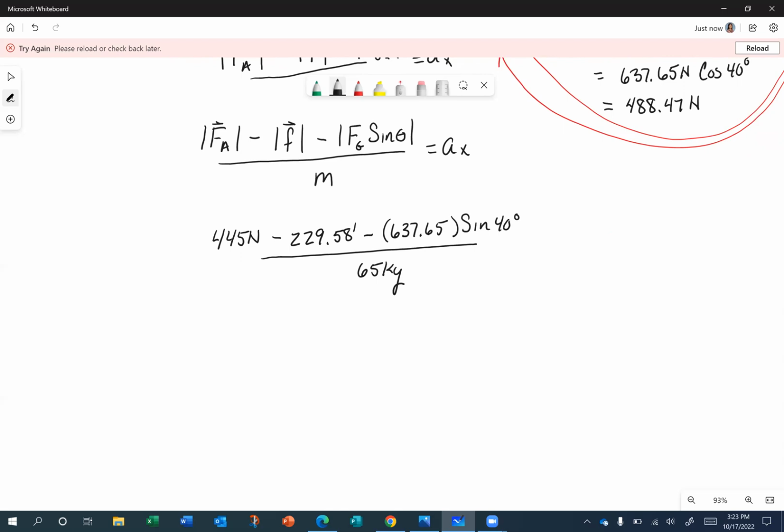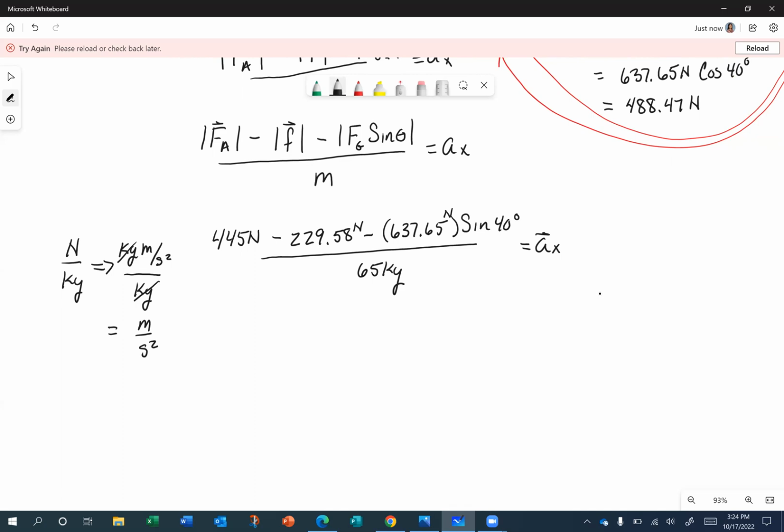So these are all newtons, equals ax. So a newton divided by a kilogram gives you a kilogram meter per second squared divided by a kilogram. You end up with meters per second squared, which is what we want for ax.